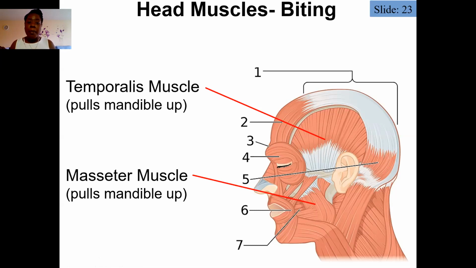It helps to pull the mandible up, which allows us to clench the jaw, which is a really important action for biting, as well as the masseter, which also helps to pull the mandible up. So we've got the temporalis, this large fan-shaped muscle on either side of the skull in the temporal region, and then the masseter, which is on either side of the cheek, also helping to engage the mandible.